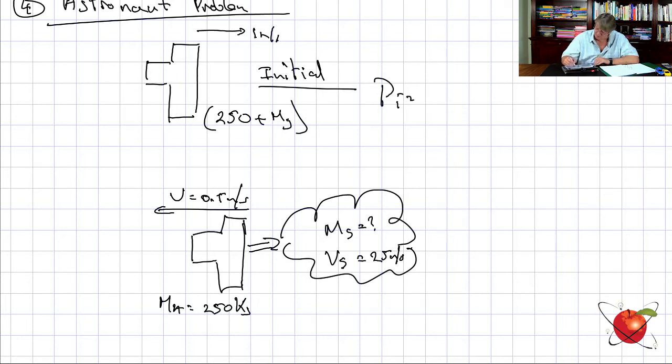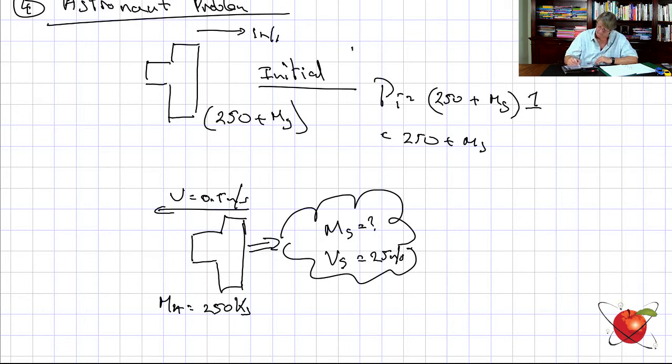P initial is going to be equal to 250 plus mass of gas times 1, which is equal to 250 plus mass of the gas. And remember, this is positive that way. So therefore, this velocity here is negative.